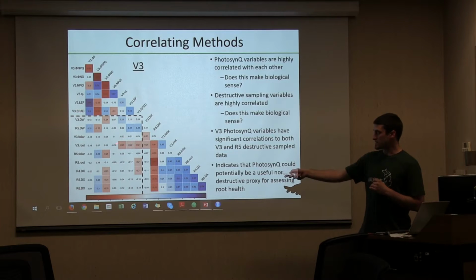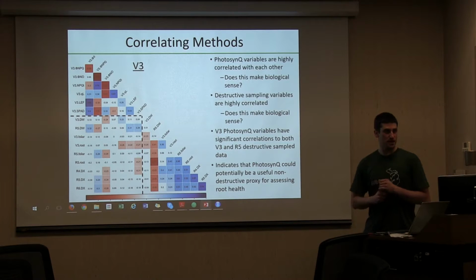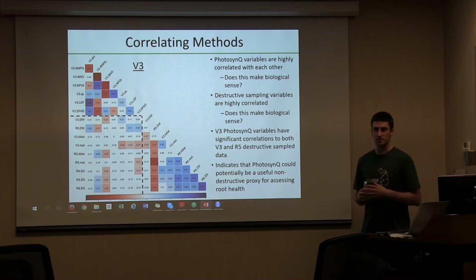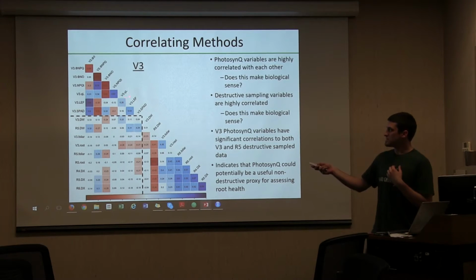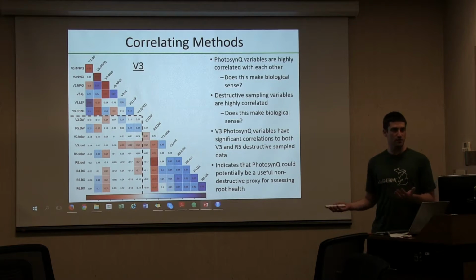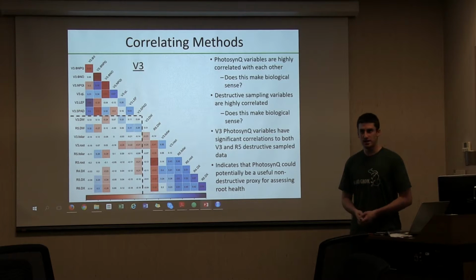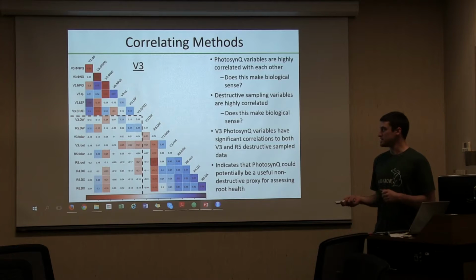So these are significant negative correlations to my V3 root rot ratings, which are on a scale from 0 to 100, just percent of the root that is rotten. So that's interesting. That might show that taking photosynthesis measures is reflective of root health with respect to root rot. So that's promising, that's interesting, and I hope that trend continues.